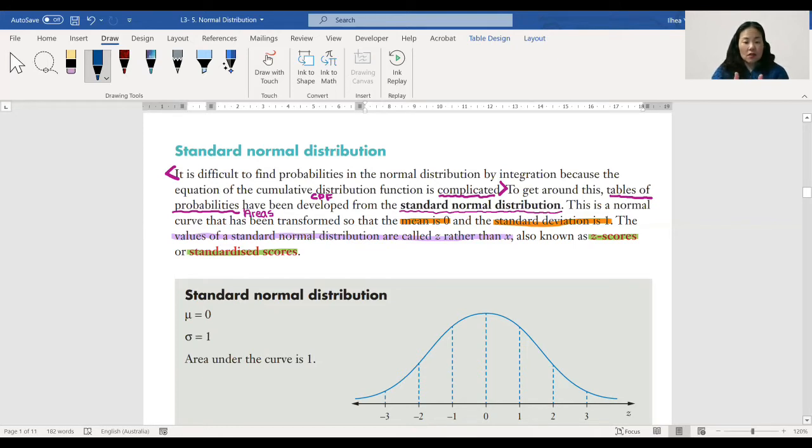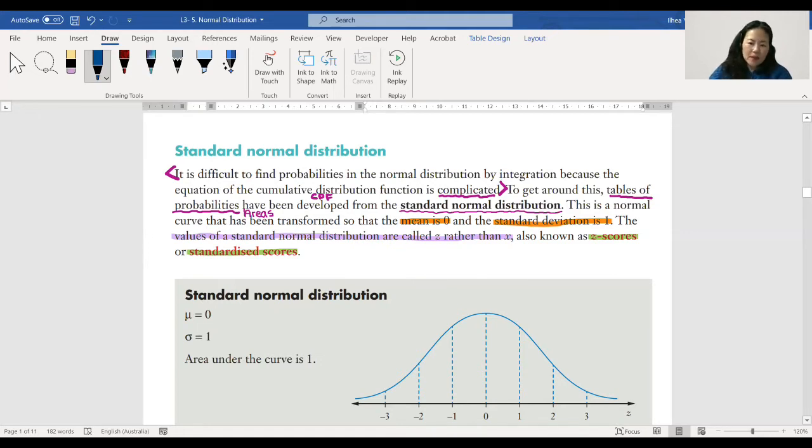So the middle is 0. Think of it as a directed number line. The mean is 0 and the standard deviation is 1, so it goes up by 1 or down by 1.